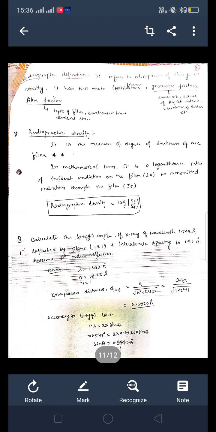If any rays are incident on some object or some film, then definitely some rays are transmitted, that is IT. So keep in mind the formula of radiography density is log I naught upon IT.